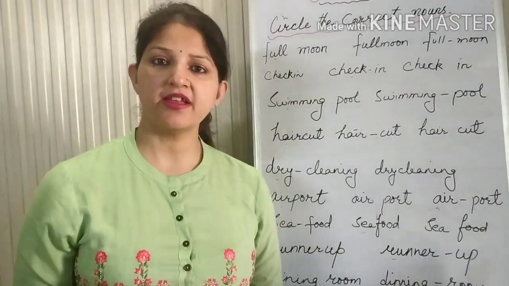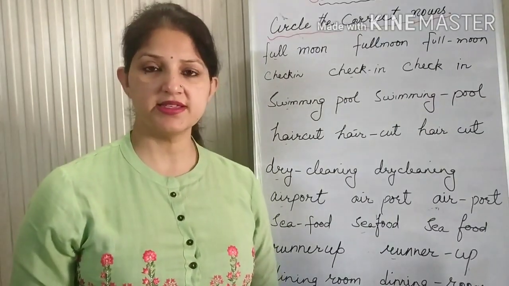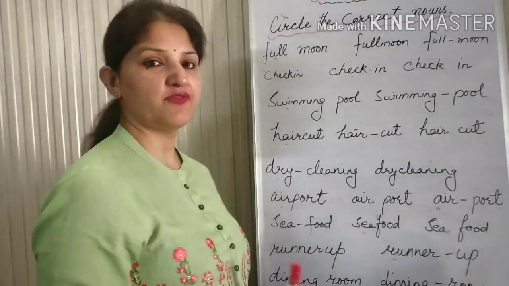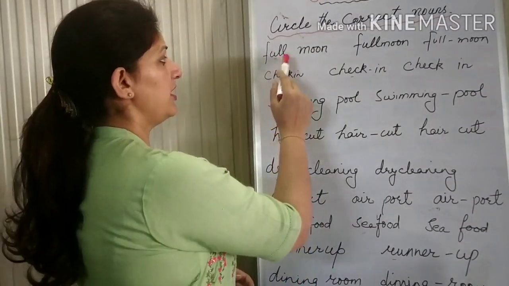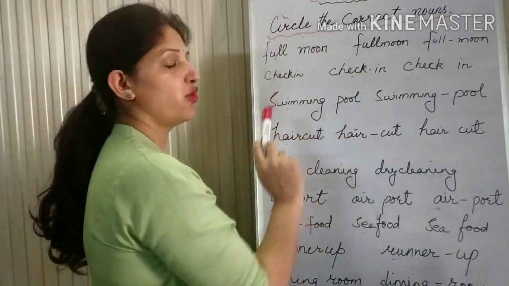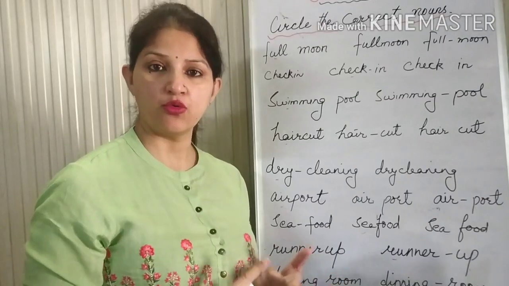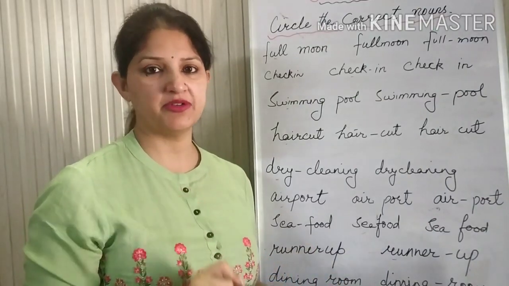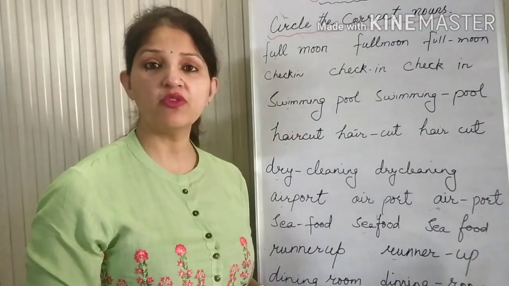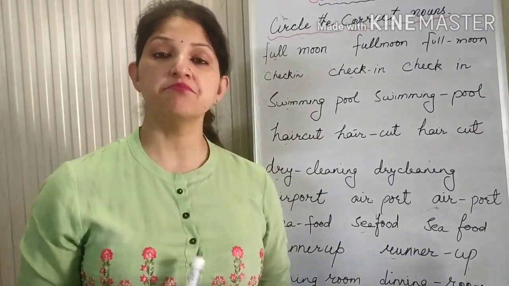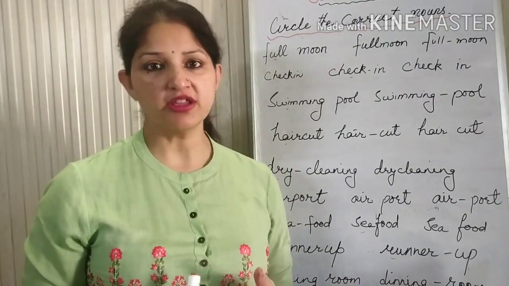Now to understand compound nouns more, let us see some examples. Here the first word is full moon. Will we have a space between full and moon, or no space, or a hyphen? How will we know that? First of all, you have to think about what the main word is, full or moon.